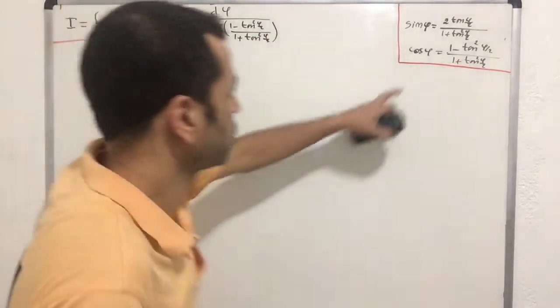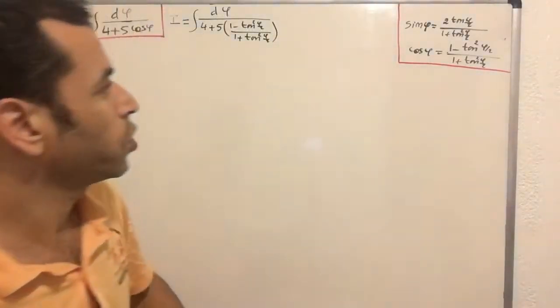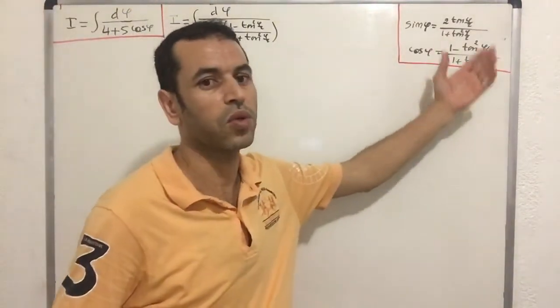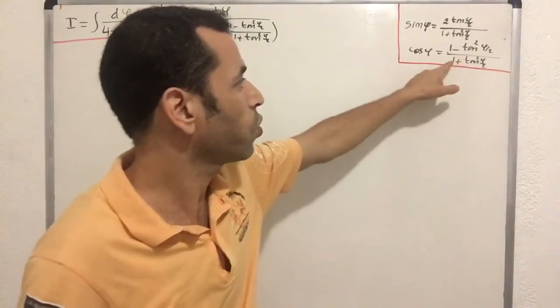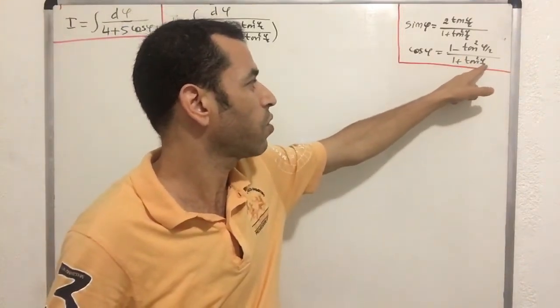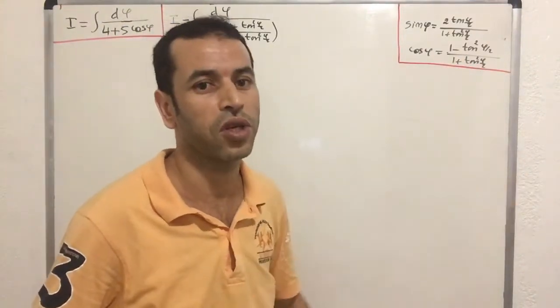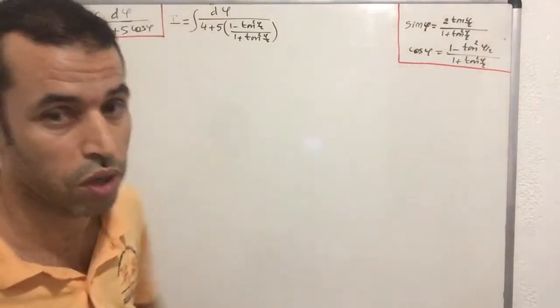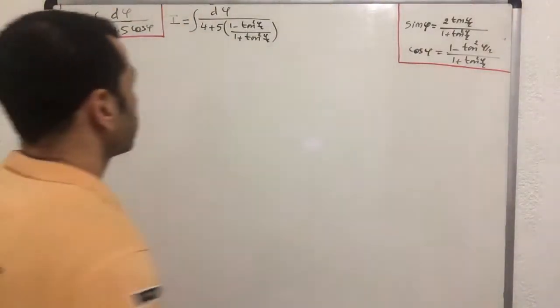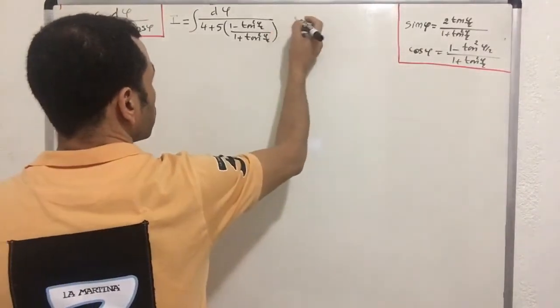Why am I choosing this formula? Because I know when you differentiate tangent, it gives you 1 plus tangent squared phi over 2, where you see more simplification. You can reduce your form to the smallest one, right? That's our goal.